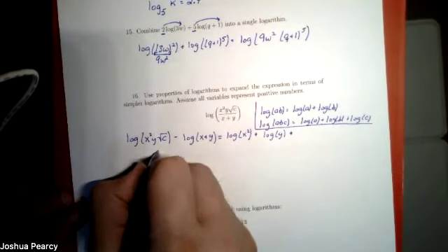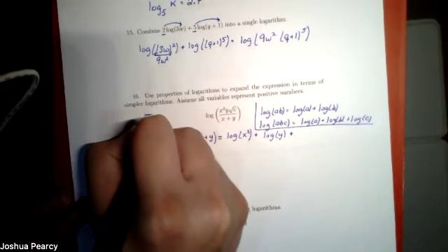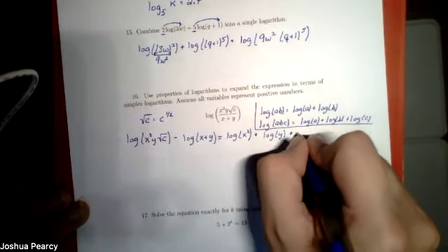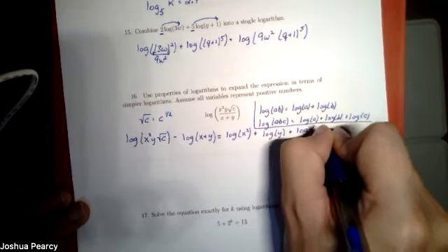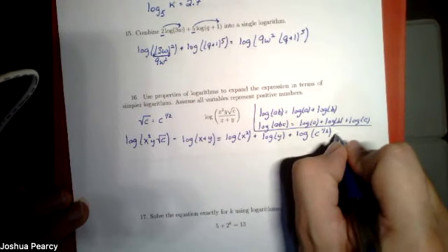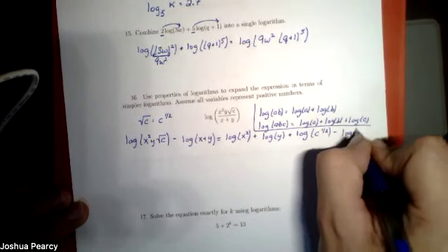But remember, we can write the square root of c as c to the 1/2 power. So we're going to say plus log of c to the 1/2, and then we have minus log of x plus y.